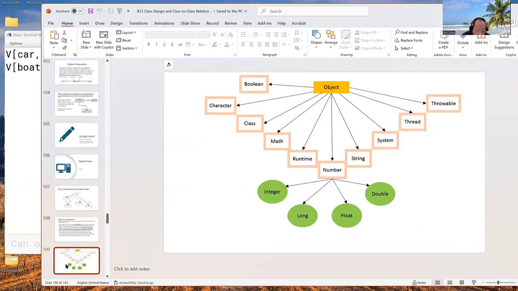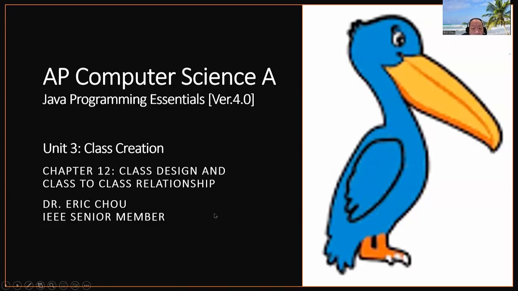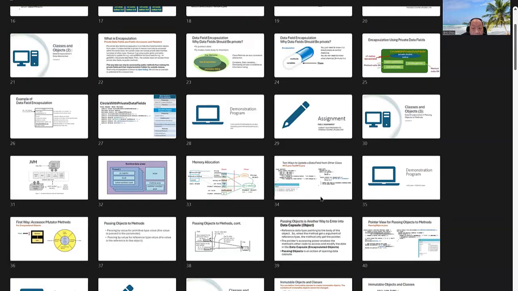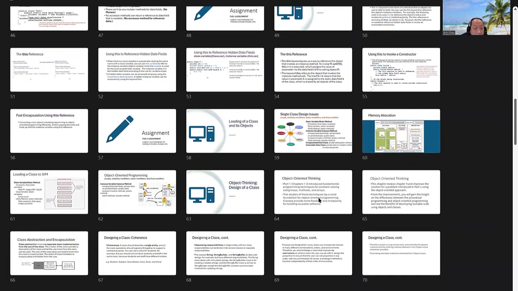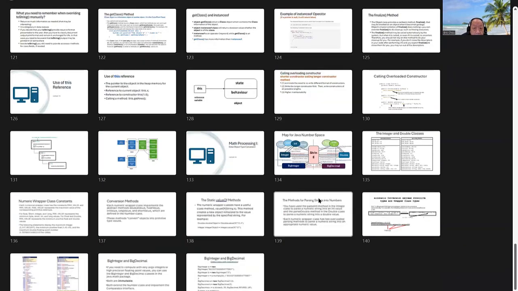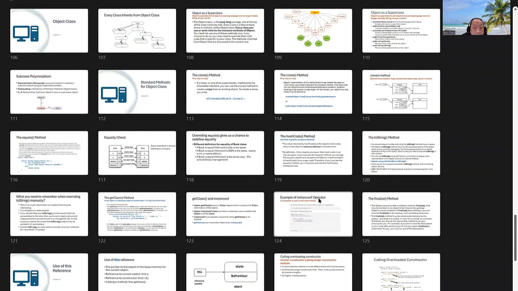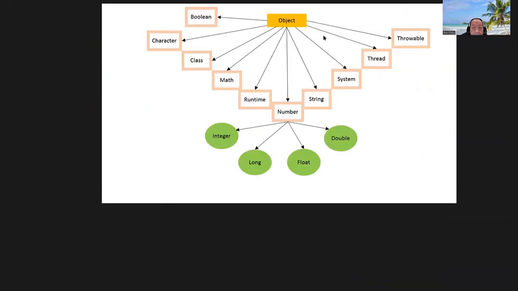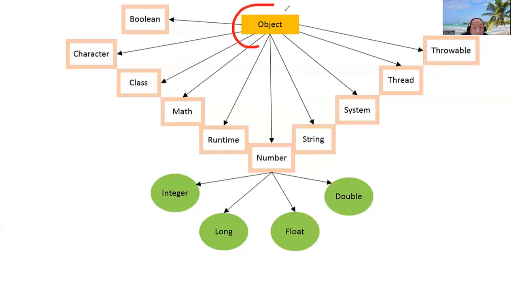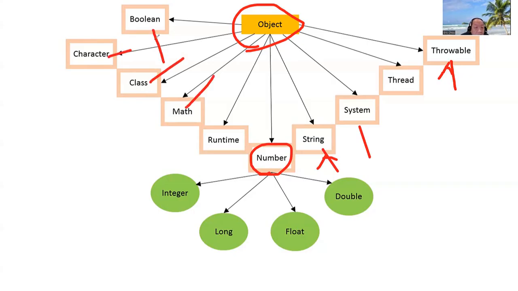There are a few important classes that you need to know. You do have an object class, then you have the sortable class, string class, number class, math class, character class, Boolean class.